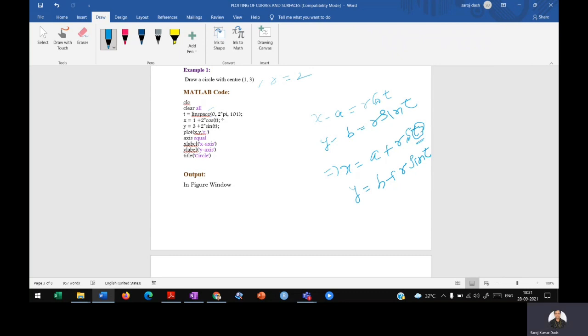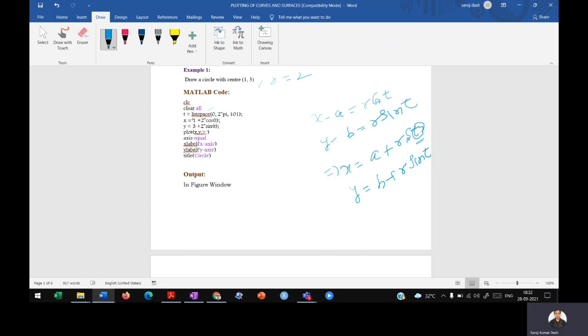How do we write 2 pi? 2 star pi. And how many points are we going to generate? 101. This is your choice. You can put 101, 2000, however many points you require. In fact, if you do not put that, it will take a default and generate some points.